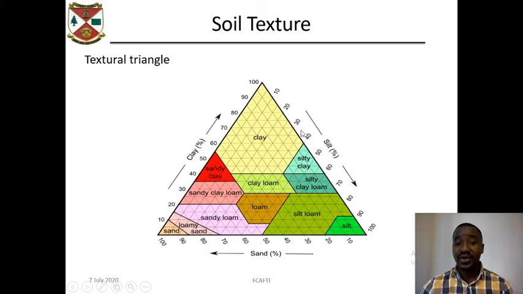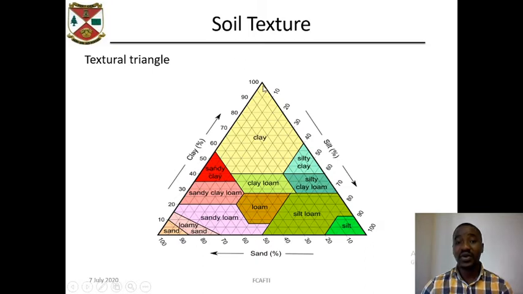And on your right hand side in this soil textural triangle, the right hand side shows you the percentage silt, and the percentage silt increases from the top to the bottom.